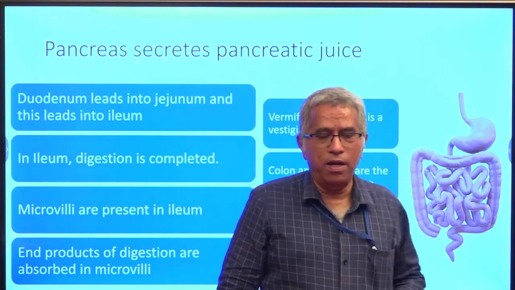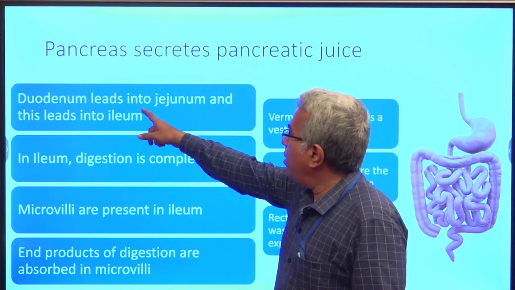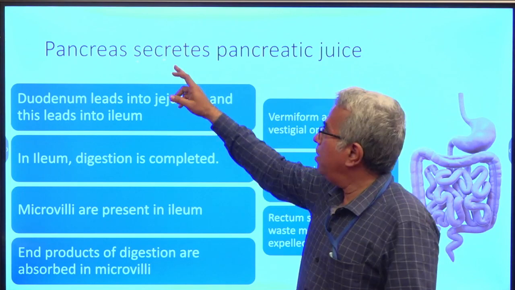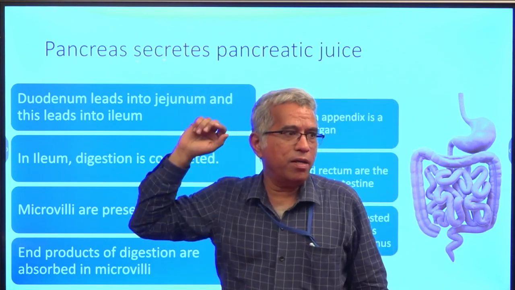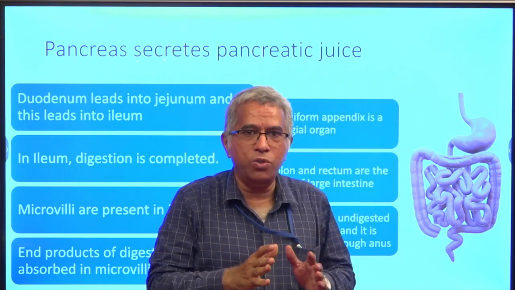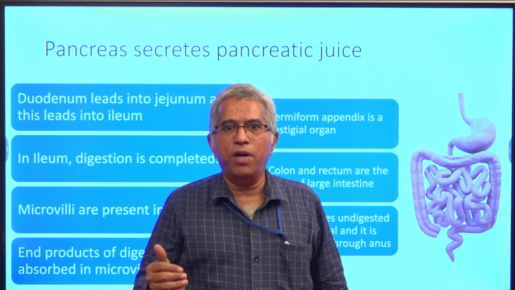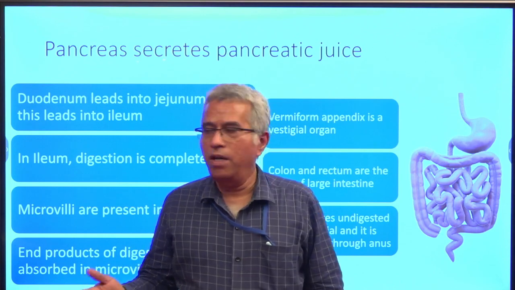Let us go to the next part. The duodenum leads into the jejunum, and this leads into the ileum. Before that, here you can find the pancreas. The pancreas secretes pancreatic juice, which is helpful for digestion of carbohydrates, proteins, and also lipids.